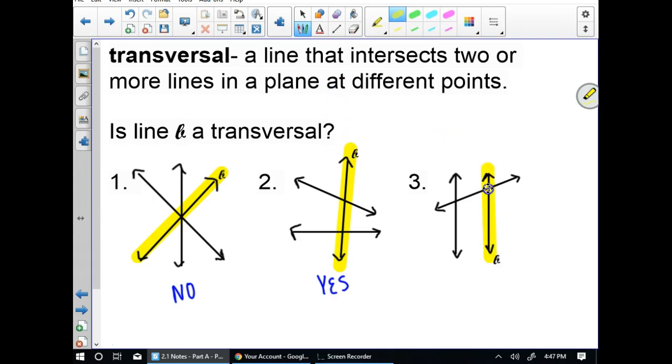This line only intersects one line, so it is not a transversal. So this is a no for line B. However, if we look at number 3, there is a transversal in number 3. It's just not line B. If you look at this line right here, that line is a transversal. But these questions were asking us about line B.